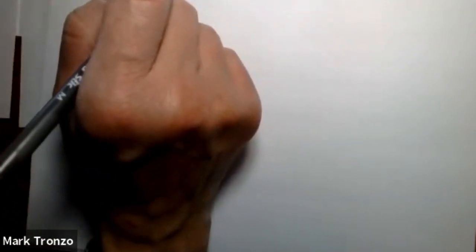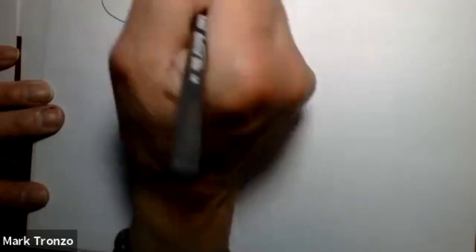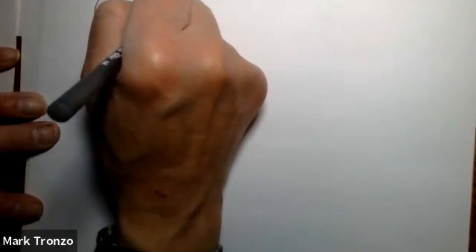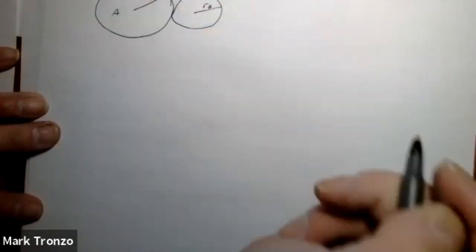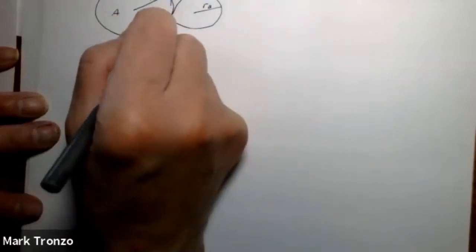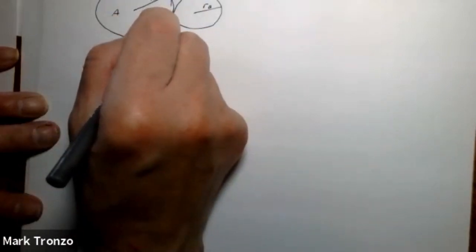So maybe it's best to see it in terms of circumference. Let's say we do one like this, so you have a radius here, call this radius A, and let's say we have radius B. Let's see if this is turning.